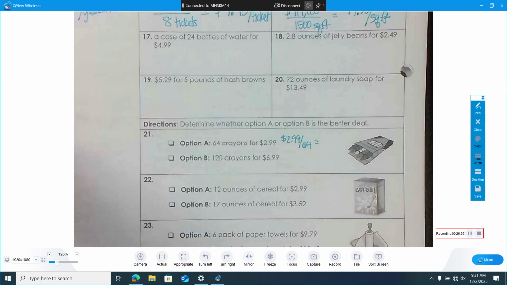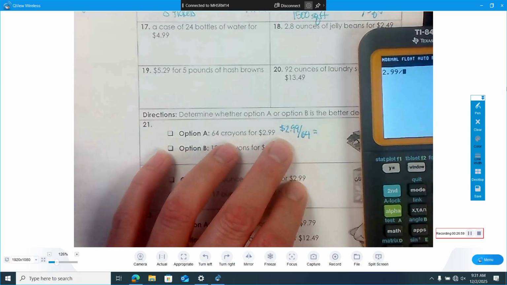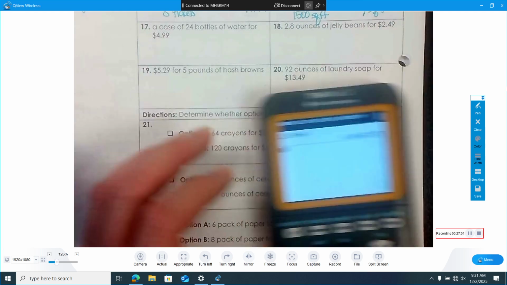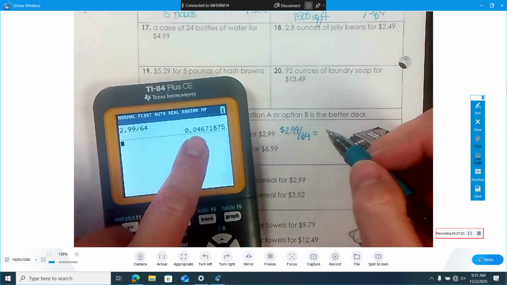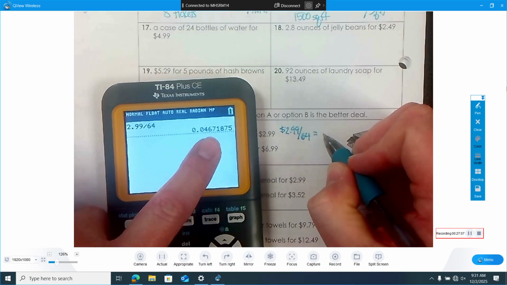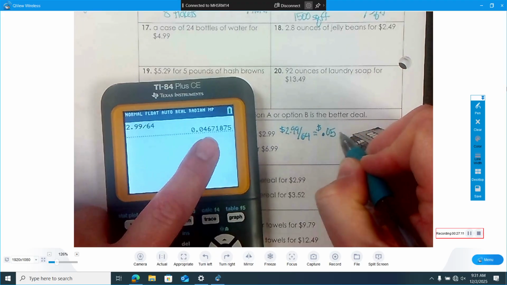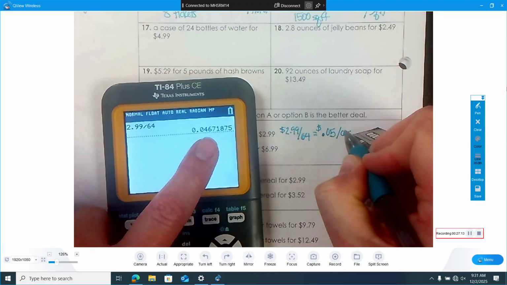All right. You should do 22 as well. Let's see, 2.99 divided by 64 crayons. Again, if I'm thinking about money, this would be 0.4, but the 6 tells us to round up. So this is 0.05 cents per crayon.